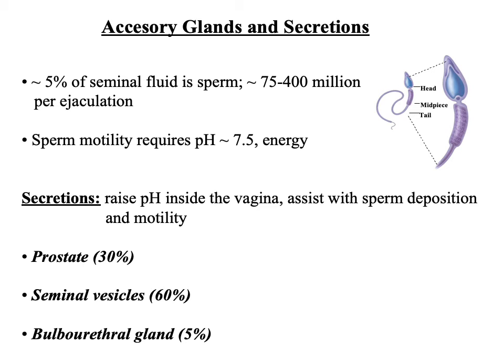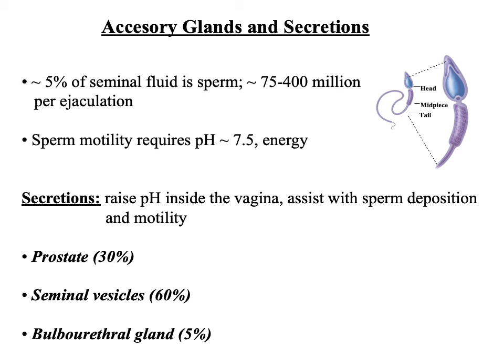So the secretions that come from some of these accessory glands help facilitate the movement of the sperm and promote them reaching their destination, which is the egg cell. Some of the secretions, for example, are going to help with the pH.